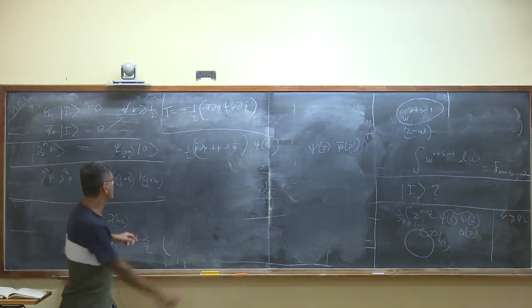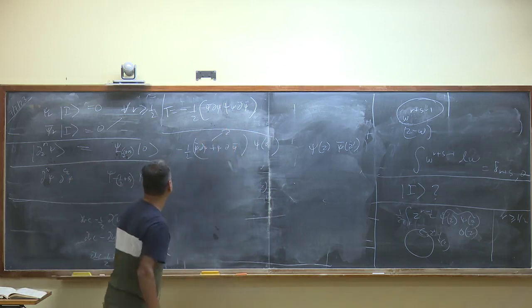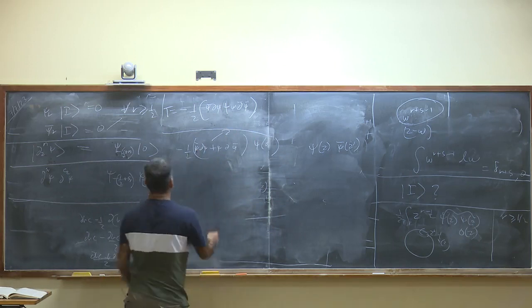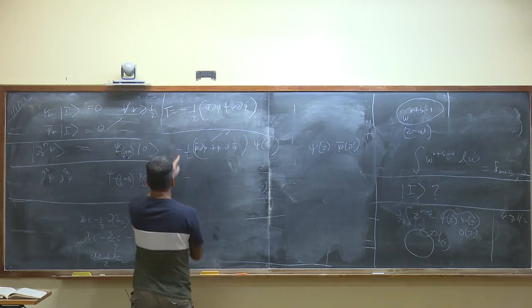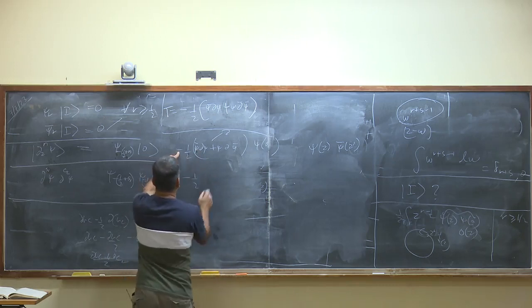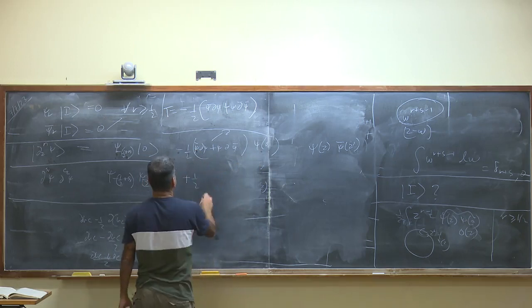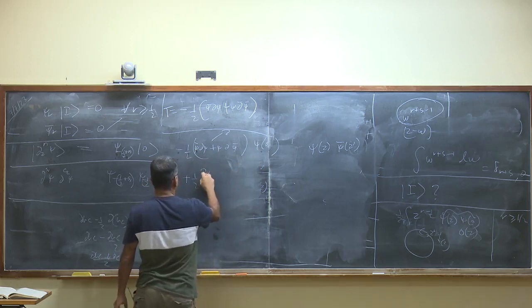This is all at z. Now let's try this one more time. This guy gives us, this was a minus, so there's a half. This guy contracting with this gives us plus del psi by z.